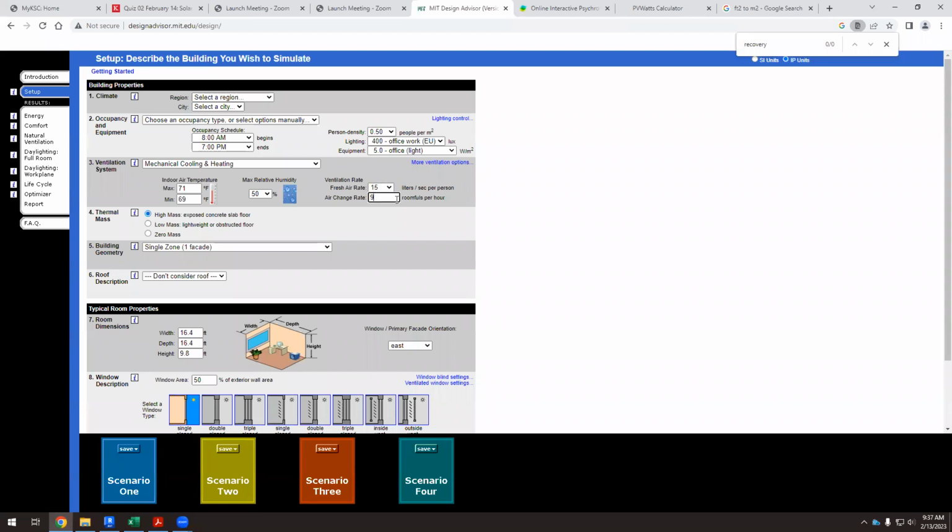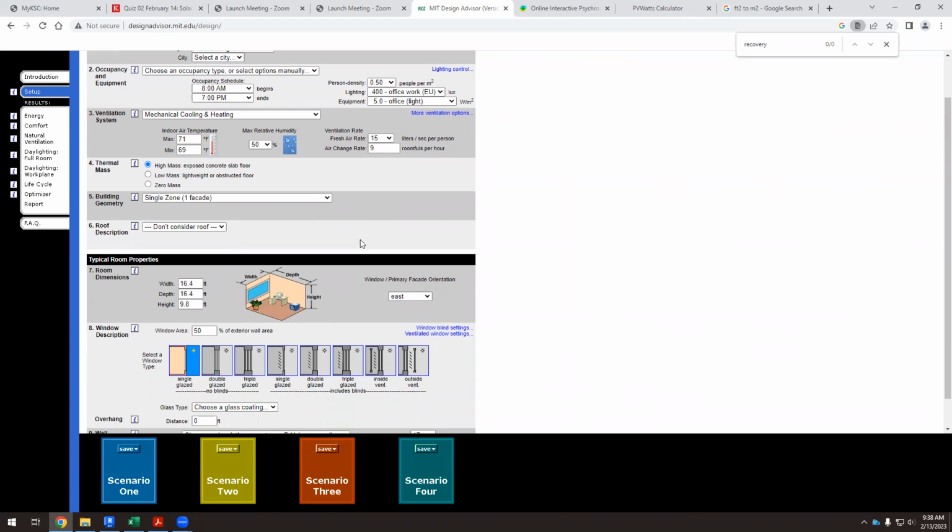So we can keep 50, and then the air changes per hour is the same: 15 liters per second is the same as 9 air changes per hour. But I have done this before, so 15 liters per second is the same as 20 CFM per person.